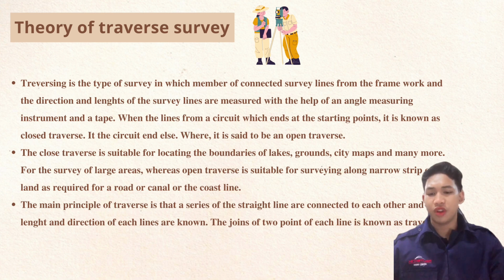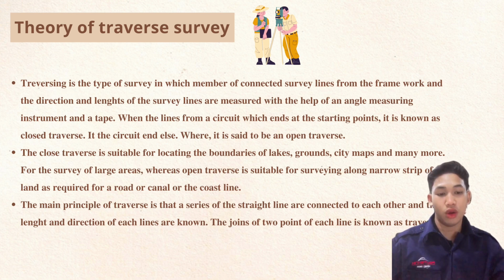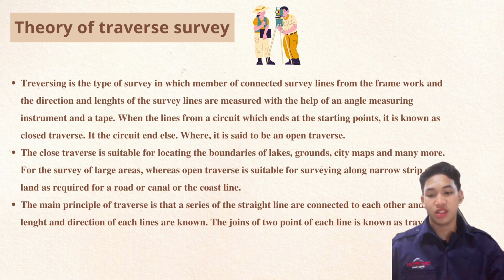The closed traverse is suitable for locating the boundaries of lakes, grounds, city maps and the survey of large areas, whereas the open traverse is suitable for surveying a long narrow strip of land as required for a road, canal or the coastline.